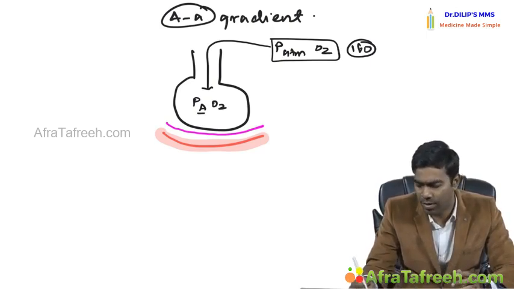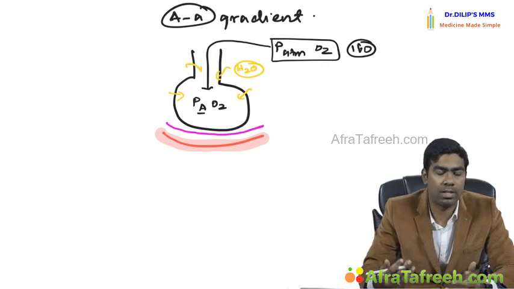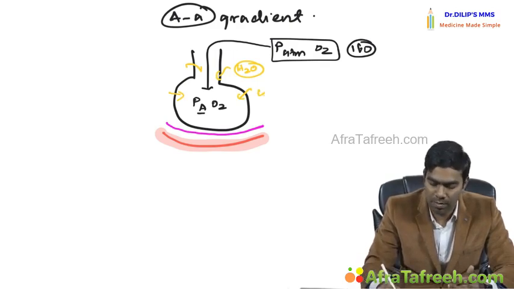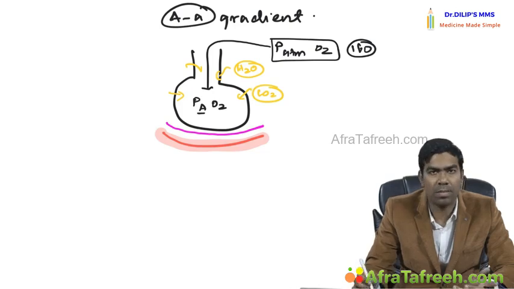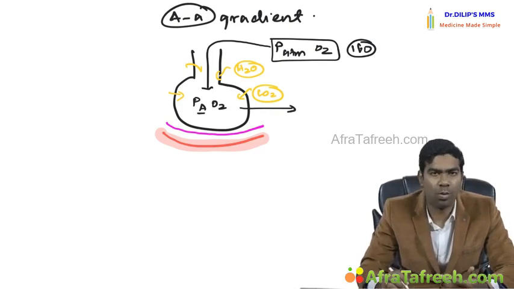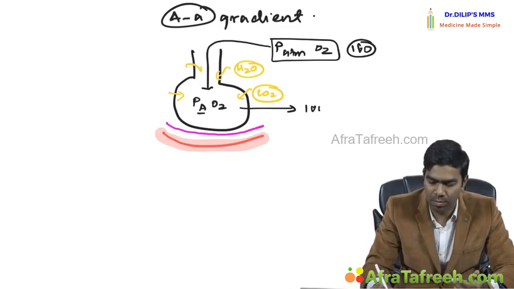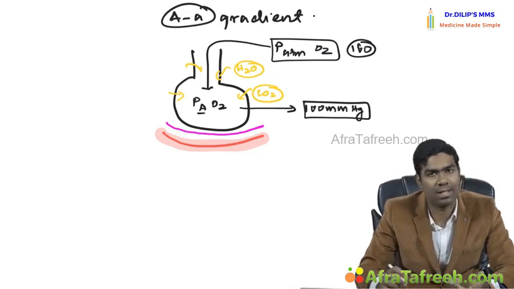The main culprits are contamination by water vapor present in the conducting zone, and the CO2 coming into the alveoli as a result of gas exchange. So the alveolar oxygen is approximately only 100 to 110 millimeters of mercury on average.